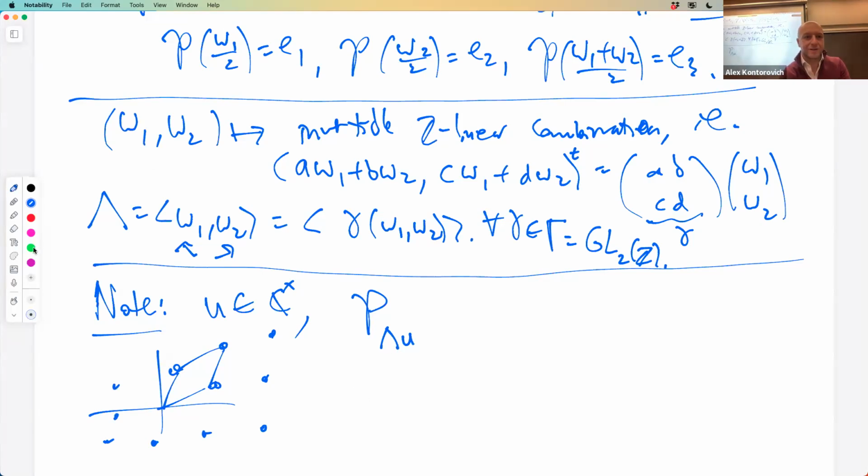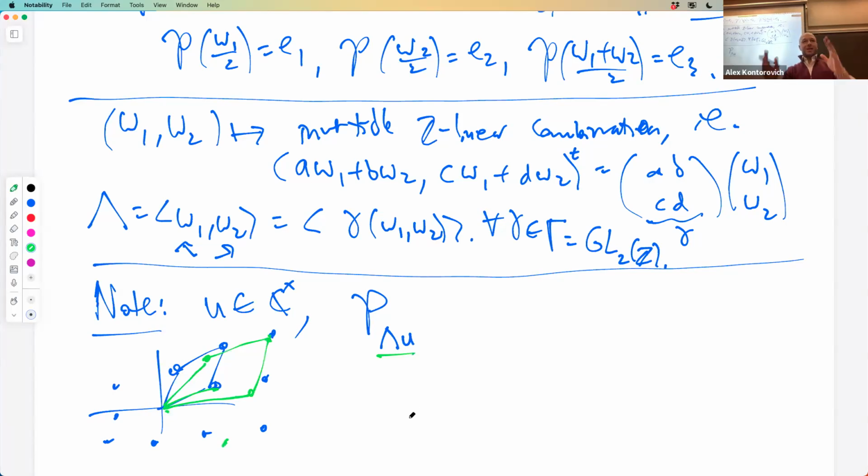Let's give this a little color. So I get some new lattice, which has been rotated and scaled, but otherwise is the same. In other words, the angles from the origin are the same. Okay, it's clear what's happened, right?